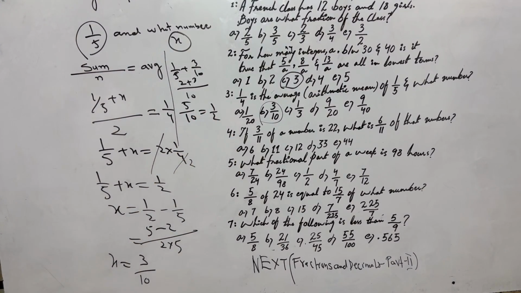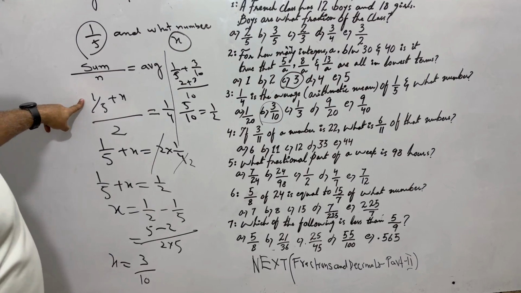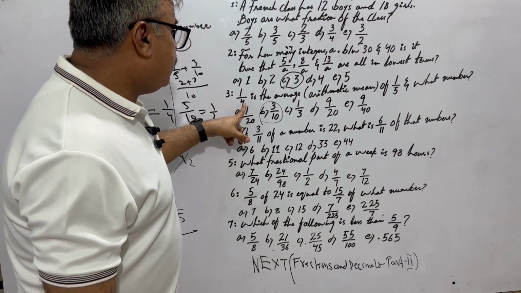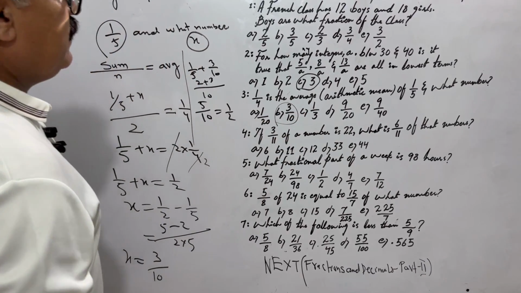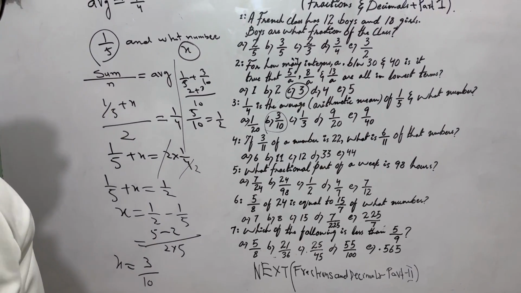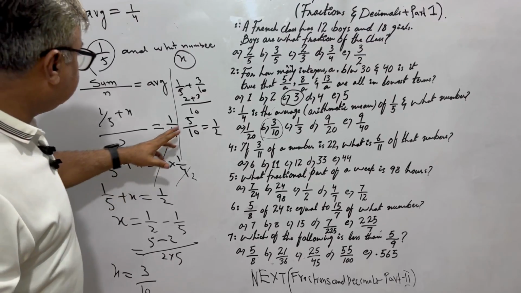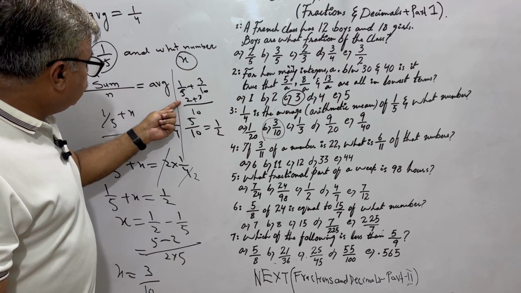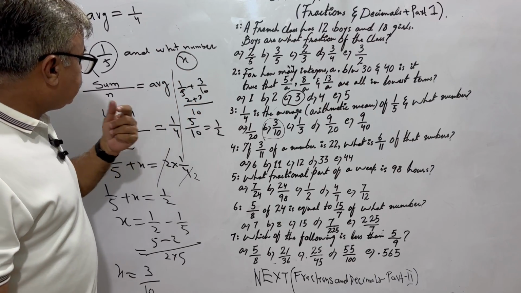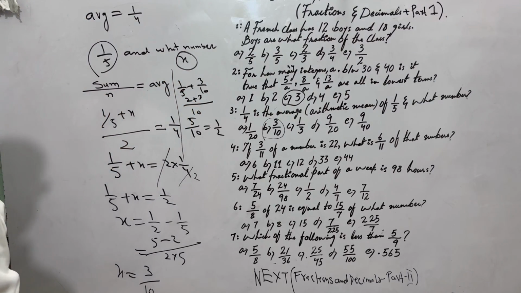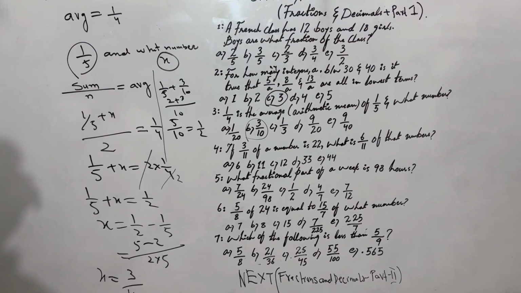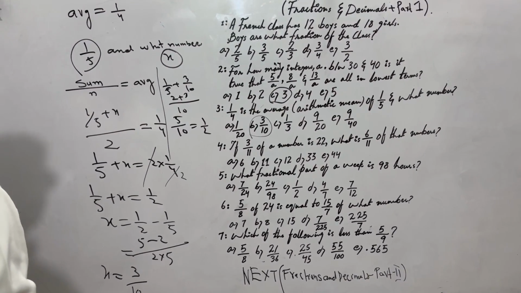What went wrong? 1 over 4 is the average of 1 over 5 and what number? Suppose it's 3 over 10. The LCM is 10. 2 plus 3, I am going to have only 10. 5 over 10 means 1 over 2.